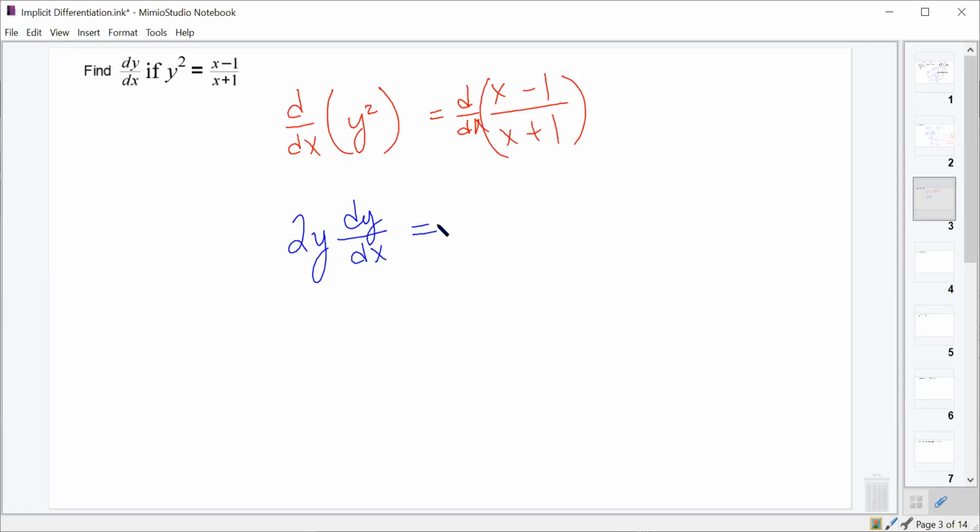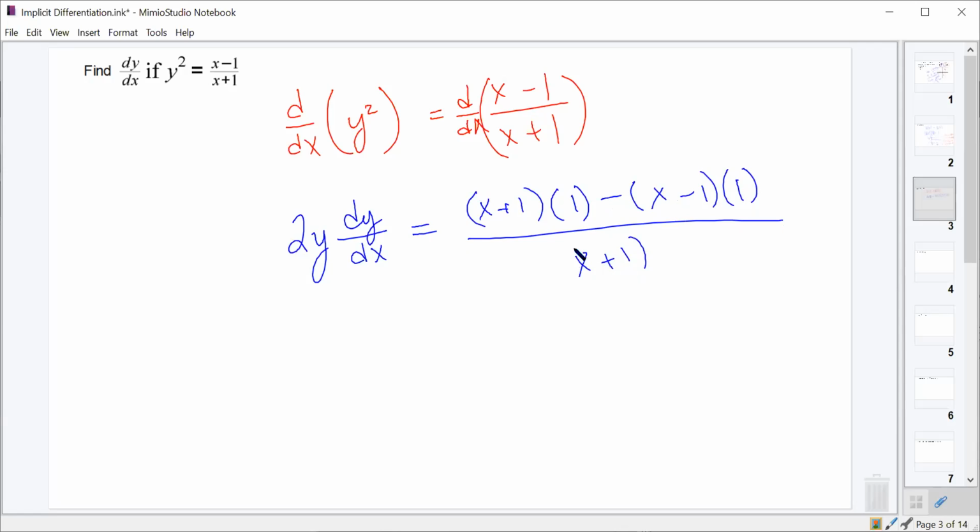And then this derivative with respect to x of x minus 1 over x plus 1, what is that? That's a quotient rule problem, right? Yes. So we end up with denominator, derivative numerator, minus numerator, derivative of the denominator over the denominator squared.